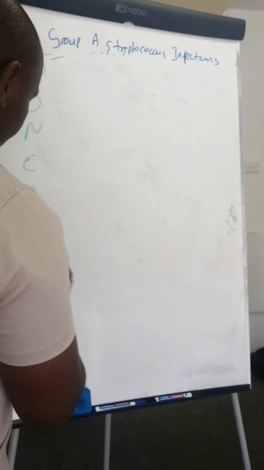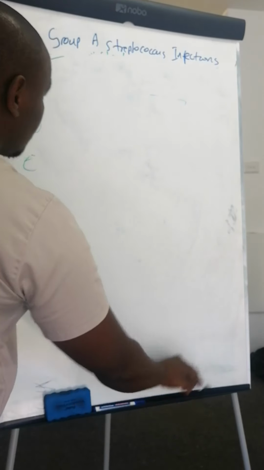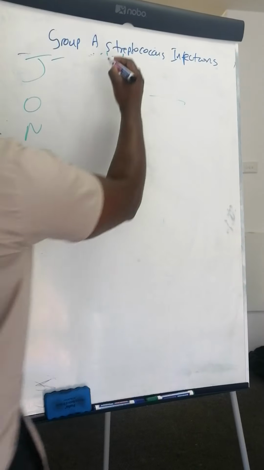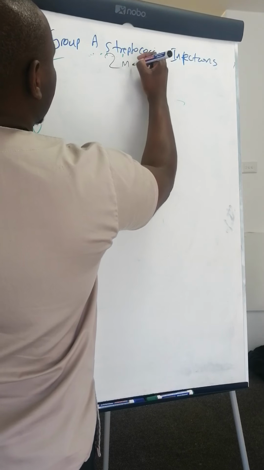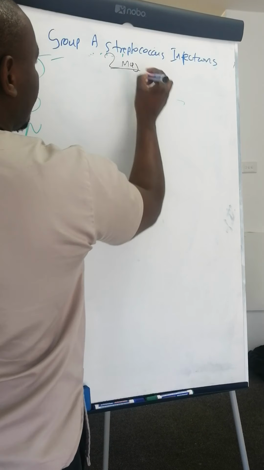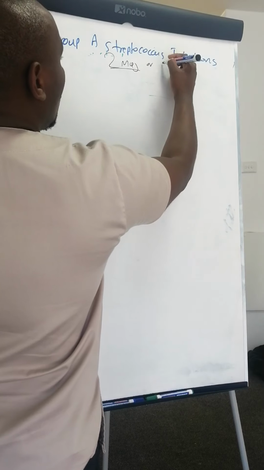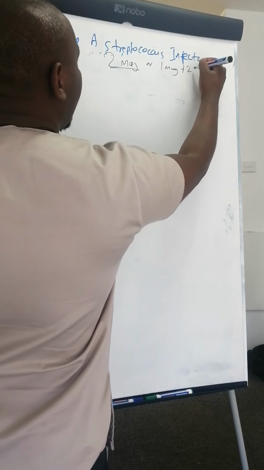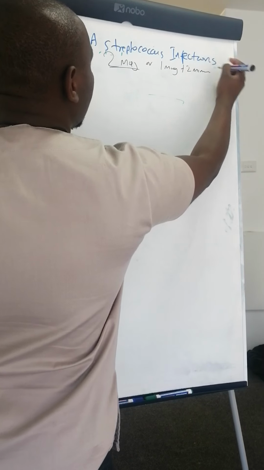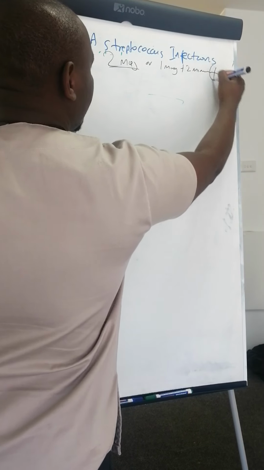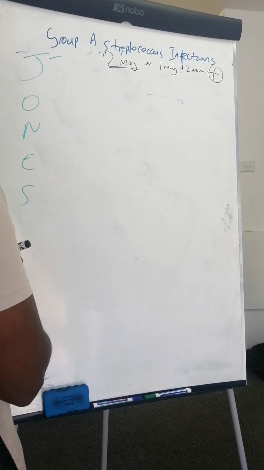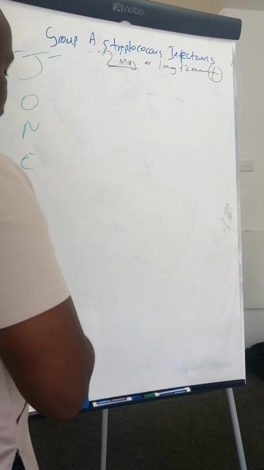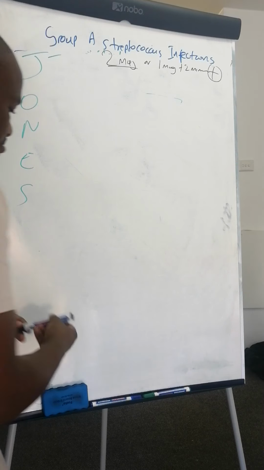In the criteria, for you to make the diagnosis of acute rheumatic fever, you need 2 majors on this criteria, or 1 major plus 2 minors, plus evidence of recent streptococcal infection, which we're going to talk about now.